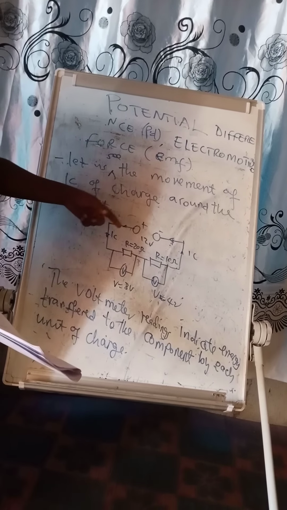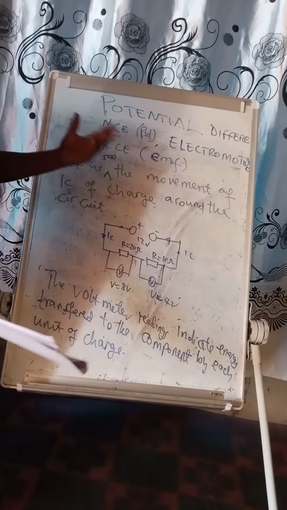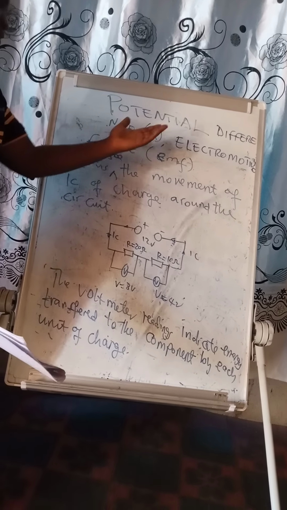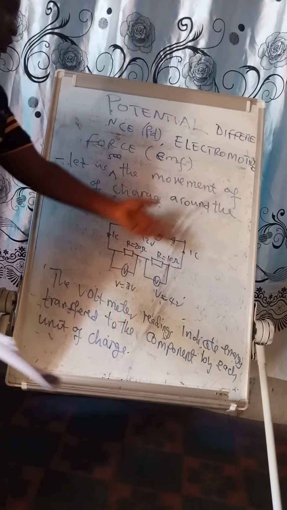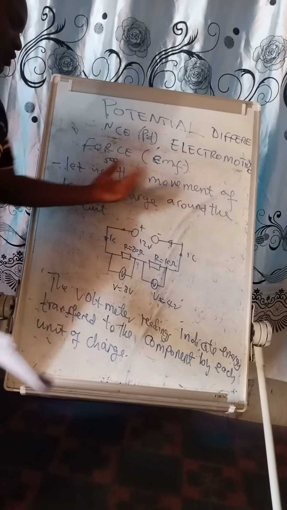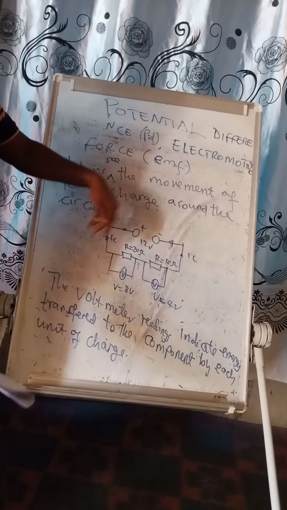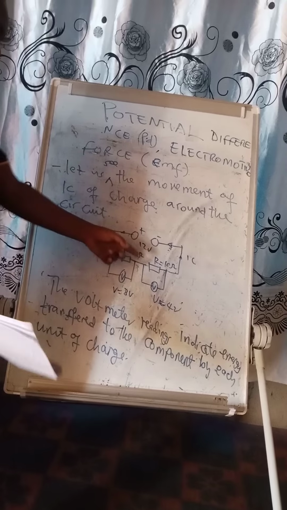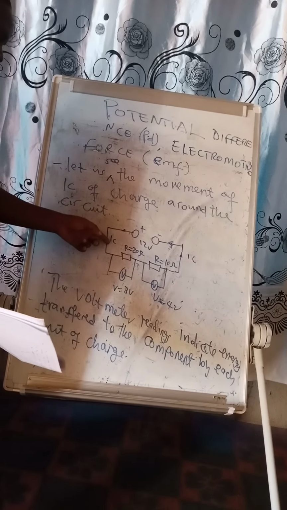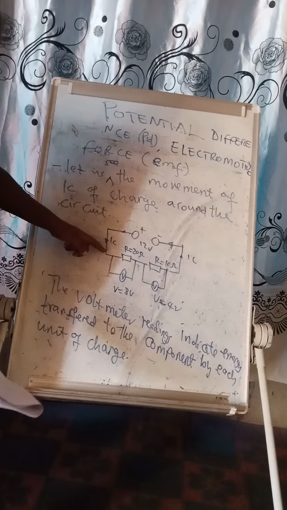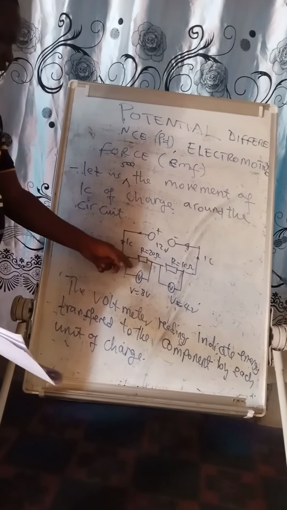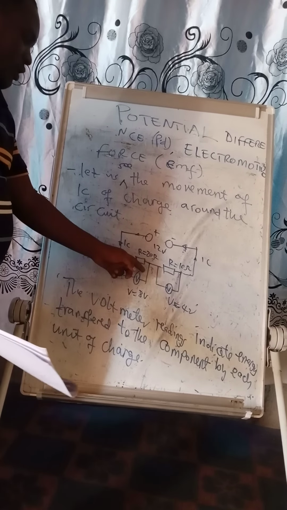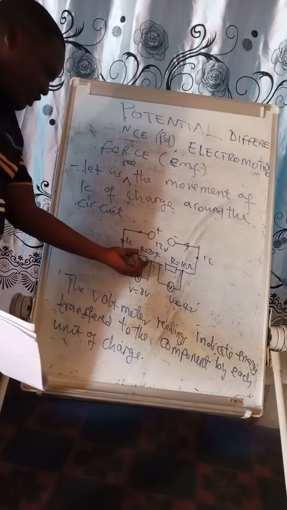Here we are just talking about the energy. There's no meaning of this force, e.m.f. It's just the total energy, or the total power around the circuit, which is e.m.f. But when the 1 coulomb of charge meets with the resistor, there is energy lost here because of this resistor.